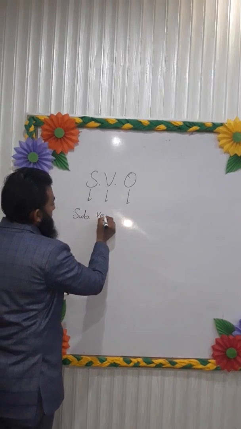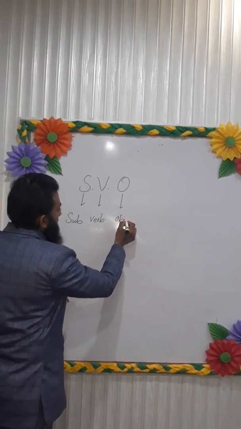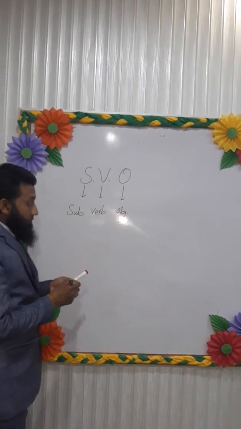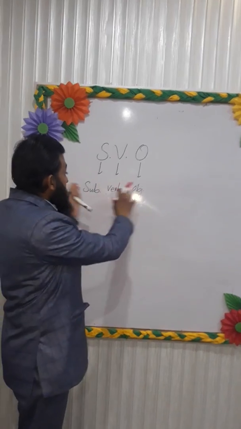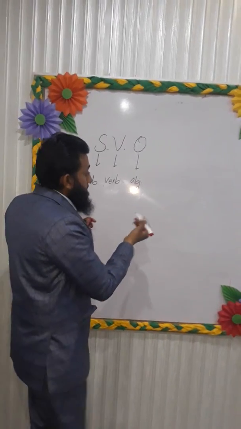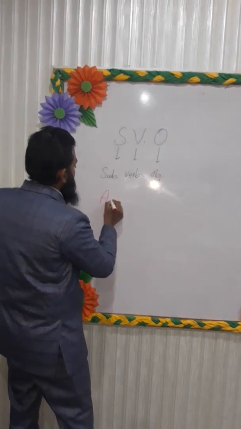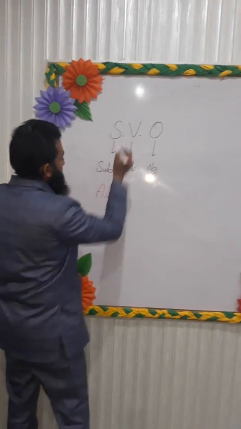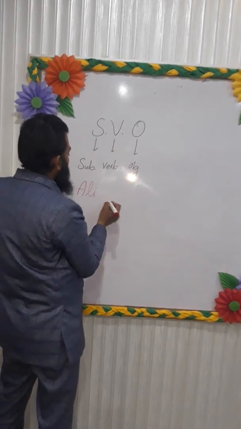Subject, verb, and object. Students, you know that when we write an English sentence, the structure comes like this. For example, first of all, subject. Ali is a subject.